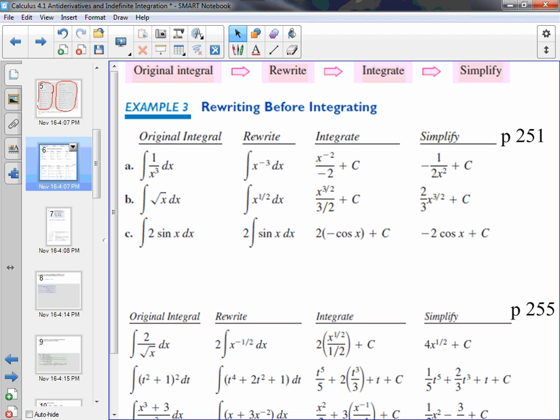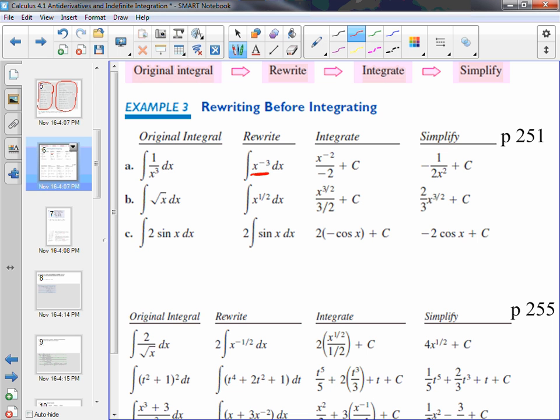So if you see like part A there, the integral of 1 over x cubed dx, there is no quotient rule for antiderivatives. There never will be a quotient rule for antiderivatives. But you don't need it because you just rewrite your integrand. The function that you're integrating is called the integrand. Rewrite the integrand. Now you can use the power rule on it.